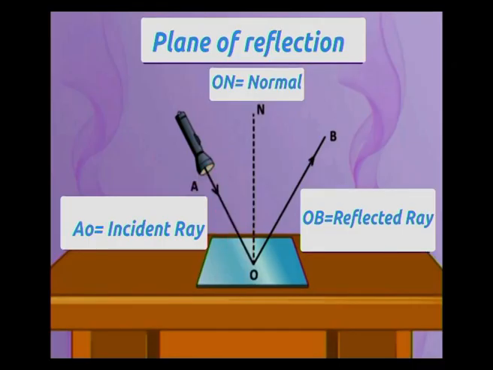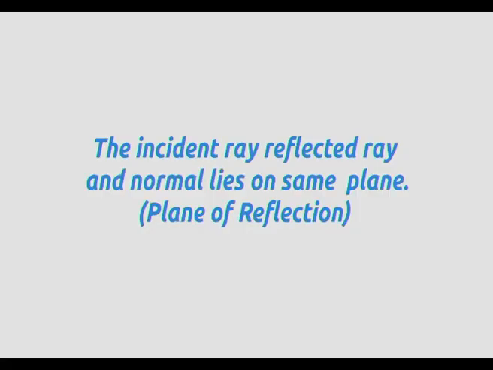Here, for the plane of reflection, we may consider the screen. On the screen only we can see the incident ray, reflected ray, and also the normal. These three lie on the same plane. That plane is called the plane of reflection. Another law of reflection is that the incident ray, reflected ray, and normal lie in the same plane.